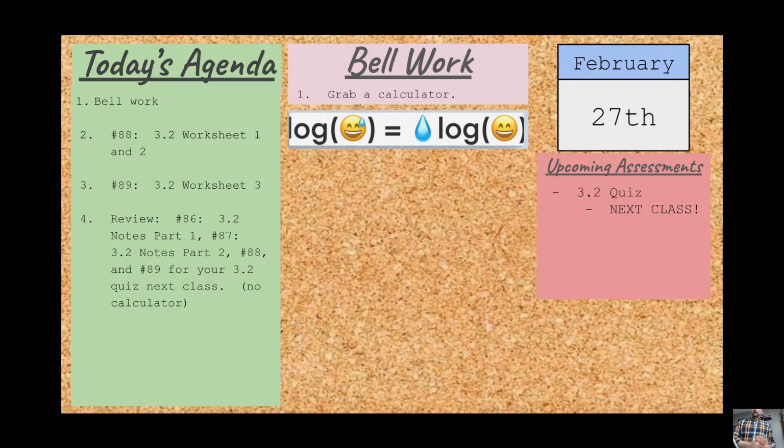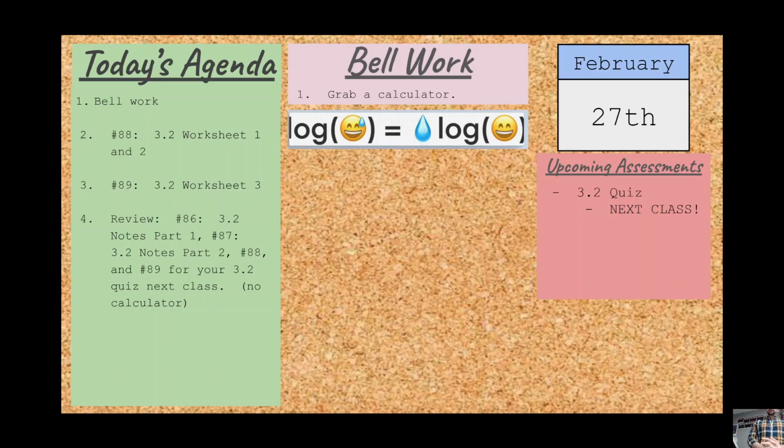Okay, so today we are going to continue section 3.2, which is where we first started logarithms. Last time I saw you guys, we talked about how to know what a logarithm graph looks like, and we talked about a couple of logarithm properties. Today we're going to practice some of that in worksheet 1 together as a group, and then do worksheet 2 on your own as guided practice.